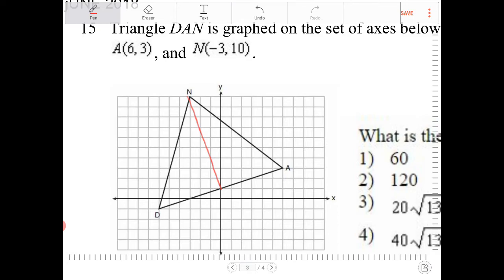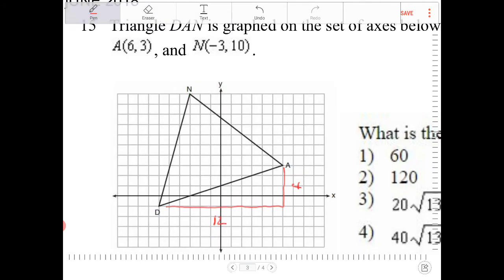Let me see here if I can do it this way. 2, 4, 6, 8, 10, 12. So it's 12 and 4. And then this guy is 2, 4, 6, 8, 9, and 3. Nope, I can't do it. I was going to use altitude and base, but it's not a perfect altitude, so I'm not going to do it that way.